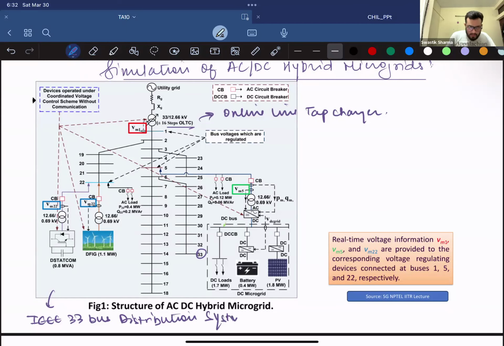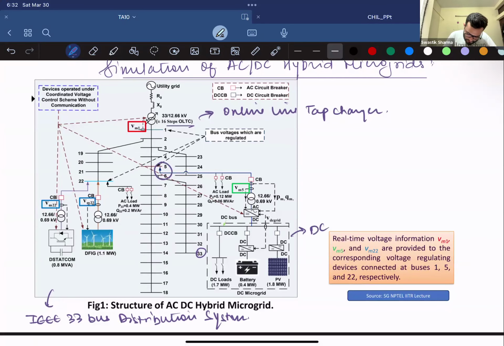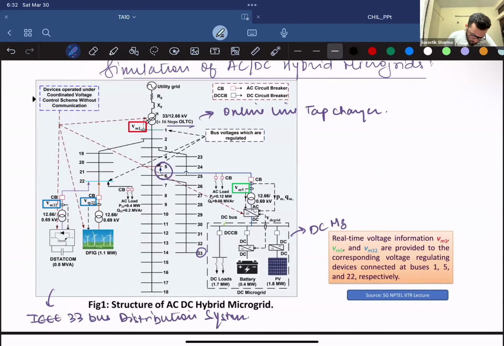At bus 5, you have connected your DC microgrid, this is the DCMG. And at bus 22, you have a separate microgrid, which is an AC microgrid.